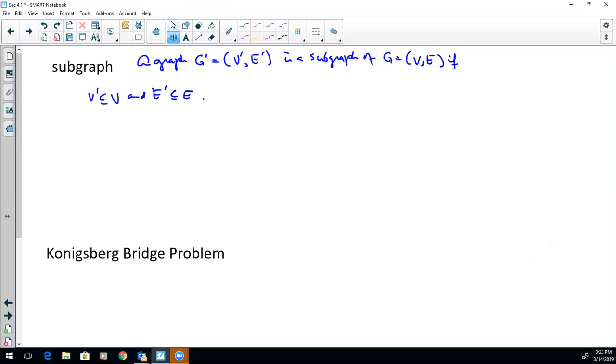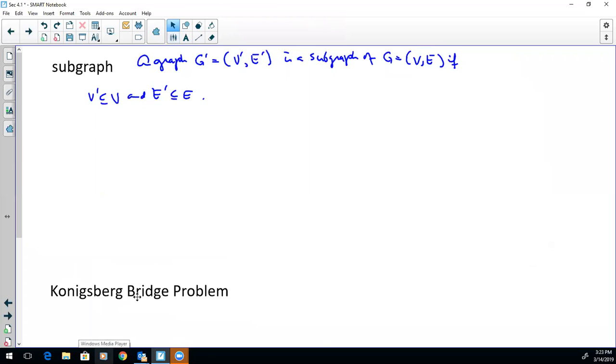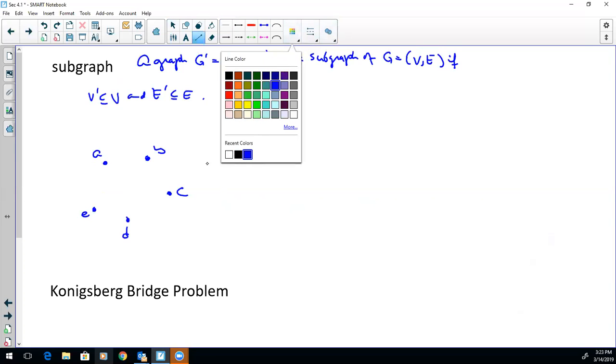Okay, so let me do an example. Scoot this guy down a little bit out of the way here. I'm going to draw a graph here. Let's see. Let's put A, B, C, D, and E. And let's try these guys here.